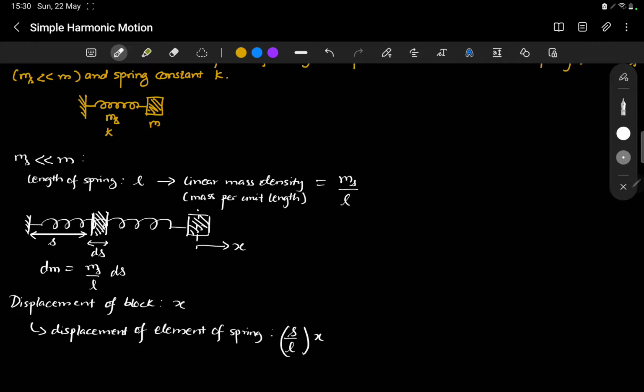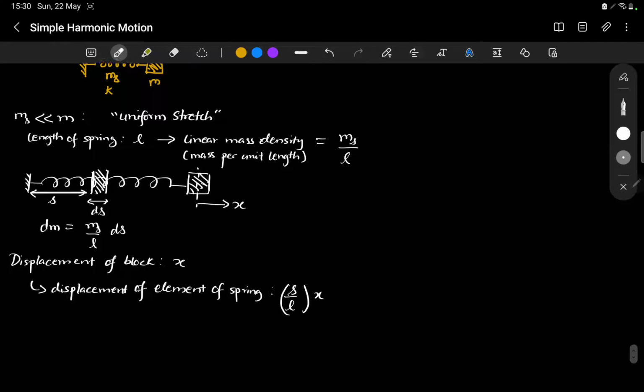So this would lead to uniform stretch in the spring. From that we find that the displacement of the element at the distance s from the fixed end would be s by L times x.